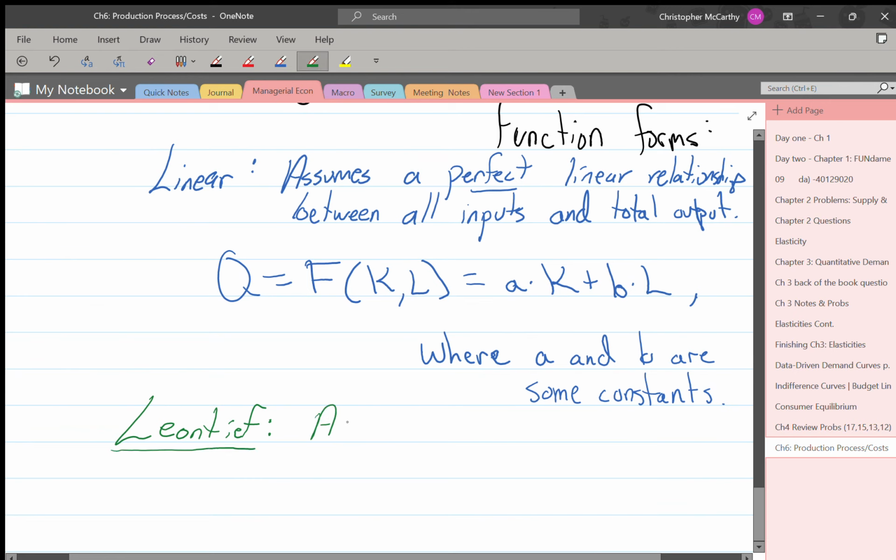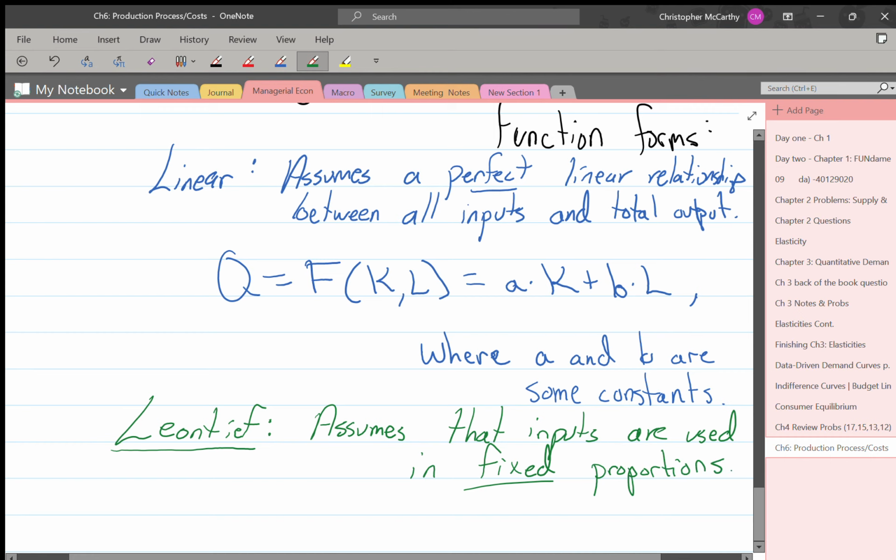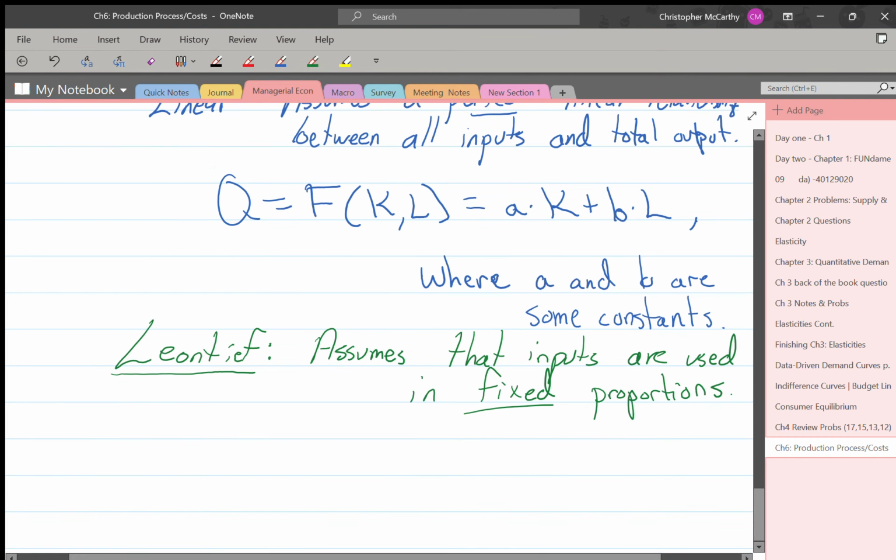This one assumes that inputs are used in fixed proportions. How does that work? Sometimes you need a certain amount of capital and a certain amount of labor, and adding extra labor doesn't actually increase production at all, because you need capital and labor one for one. You need both of them at the same rate.